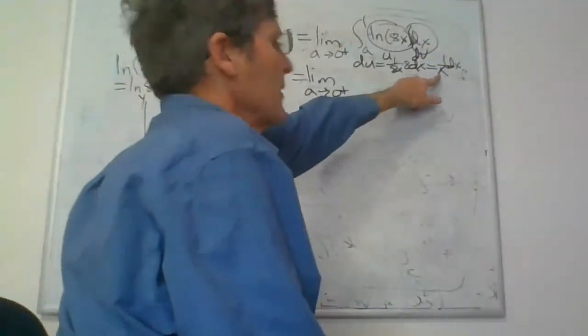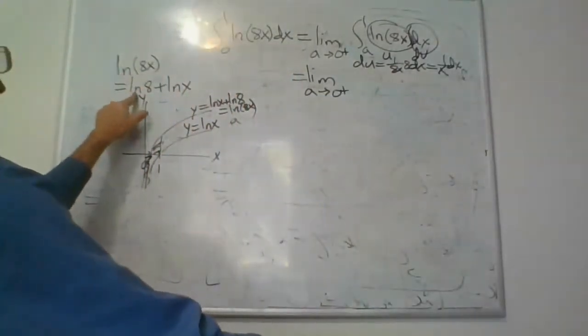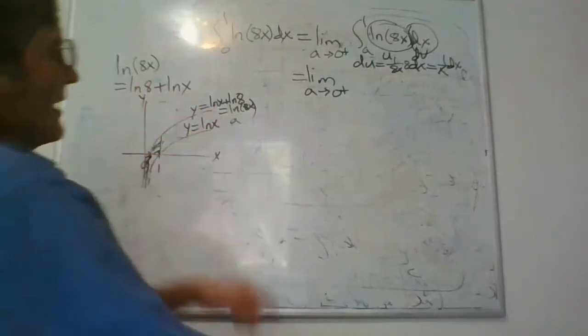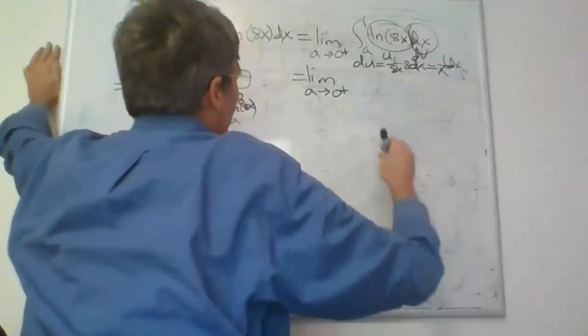Isn't 1 over x the derivative of ln x? Of course it is. ln 8x is just a constant plus ln of x. It has the same derivative, right? It's 0 plus 1 over x. So ln 8x and ln x have the same derivative.